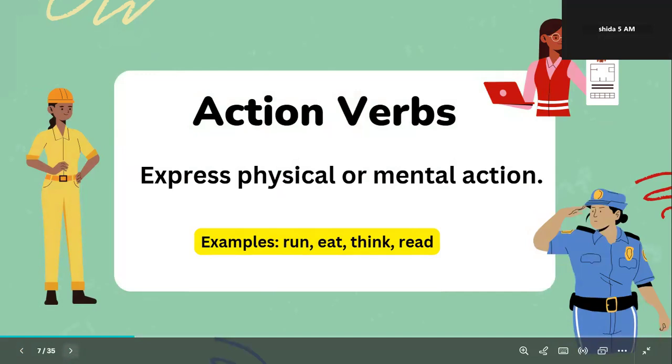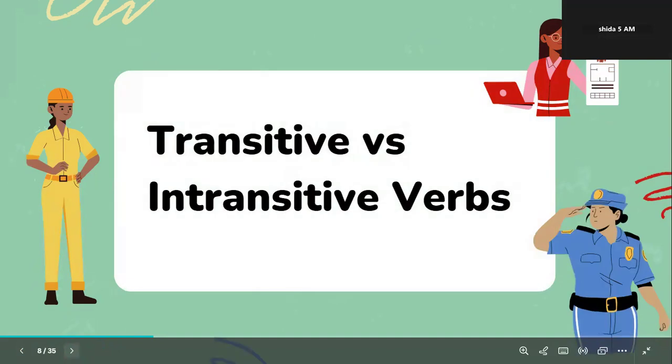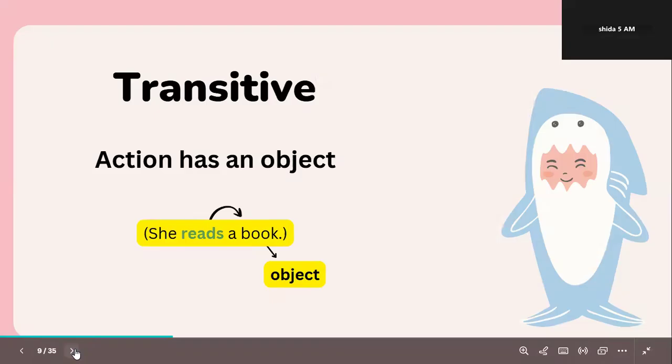The first one is action verbs. As the name suggests, it expresses physical or mental action. For example, run, eat, think, read. The next one is transitive versus intransitive verbs. Let's discuss the difference.